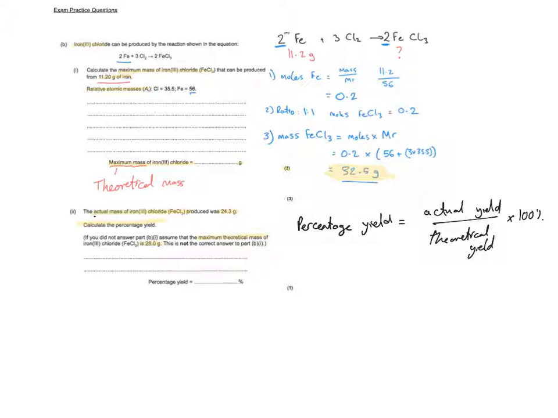Therefore, it says actually what I made was 24.3, and I'm going to take their theoretical mass of 28.0 times by 100, and you'll get an answer of 86.8%. That's to 1 decimal place, which is enough for this.